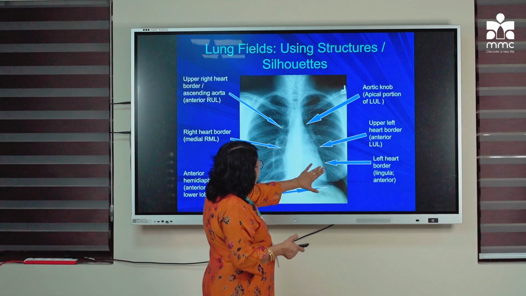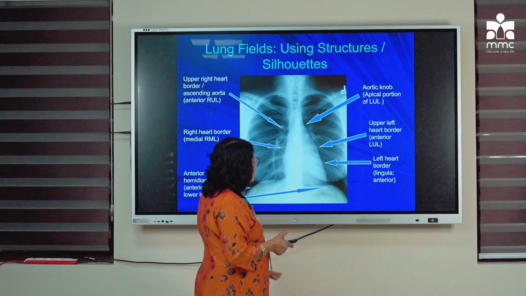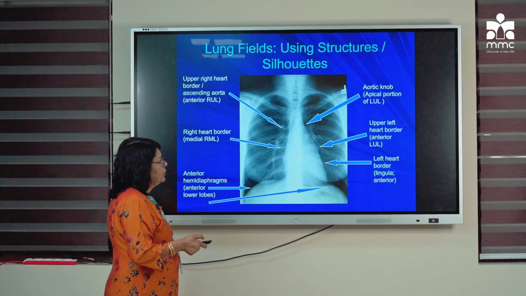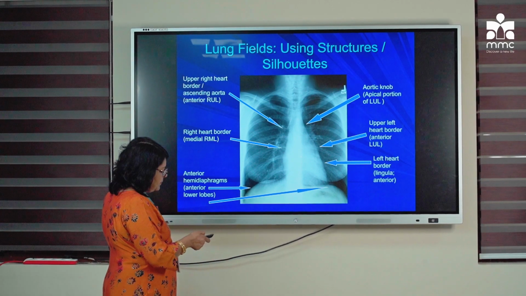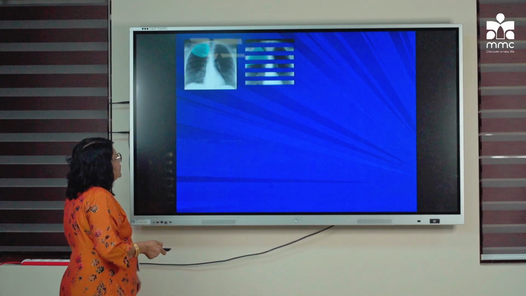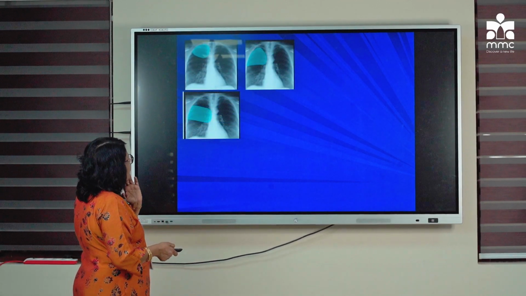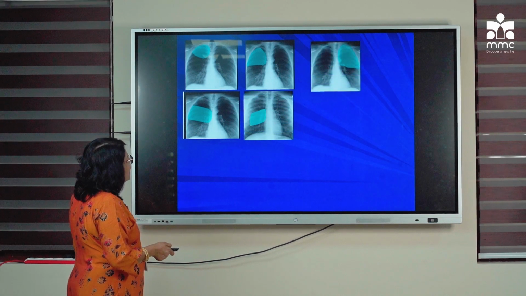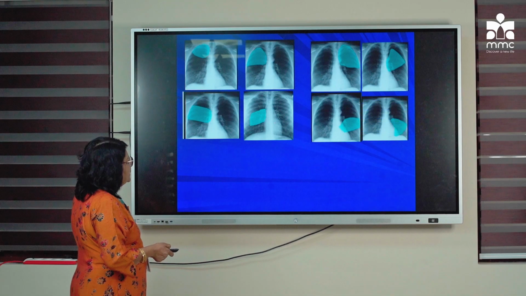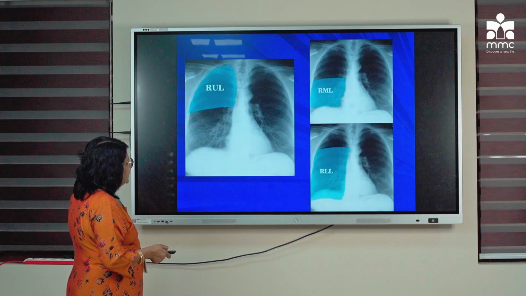If the cardiac border is obliterated, pathology in the lingula. If both diaphragms are obliterated, it indicates pathology in the lower lobe or in the posterior mediastinum. That is called the silhouette sign. Okay, so this is showing the pathologies in all the lobes, upper lobe, middle lobe, left upper lobe, lingula and both diaphragms.